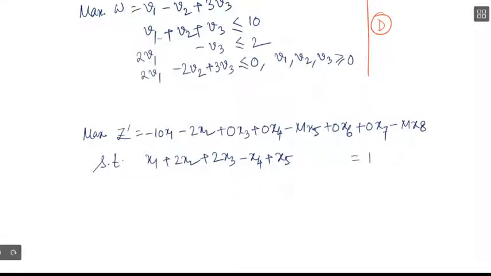You see, we have introduced surplus variable x4, which we have subtracted, and we have taken an artificial variable x5, which we have added to the left hand side of the constraint to make it an equality.